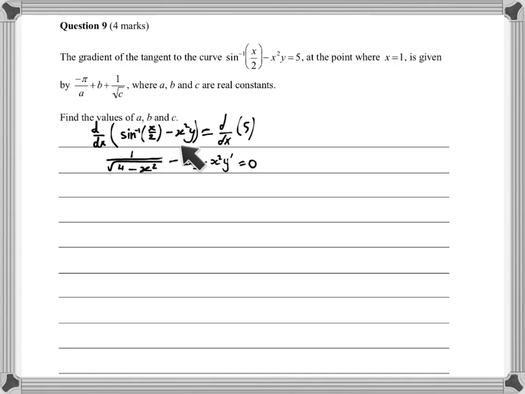So that is, derivative of x squared gives you 2x times y. Then the next bit is the x squared times the derivative of y with respect to x, and we call that just y dash for short. In problems like this, it's good to use the dash notation because you get to write less and you can make more sense of it too.